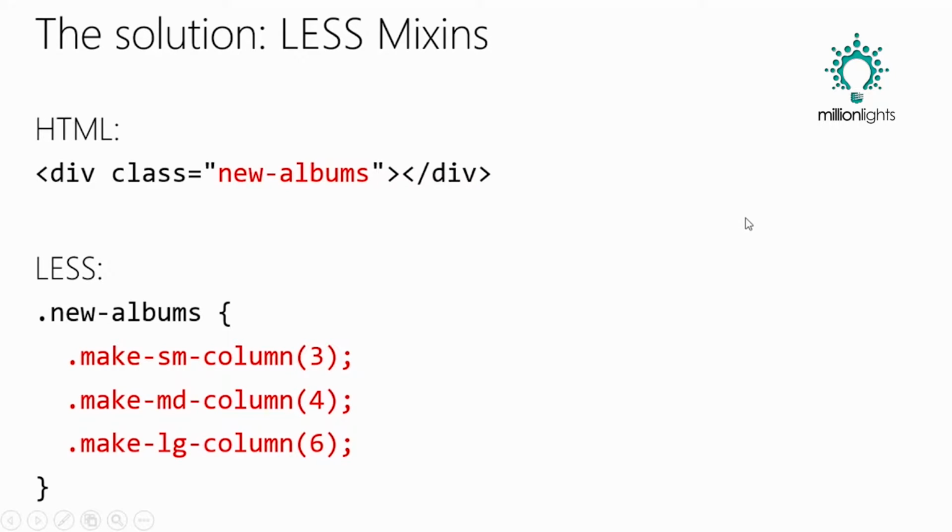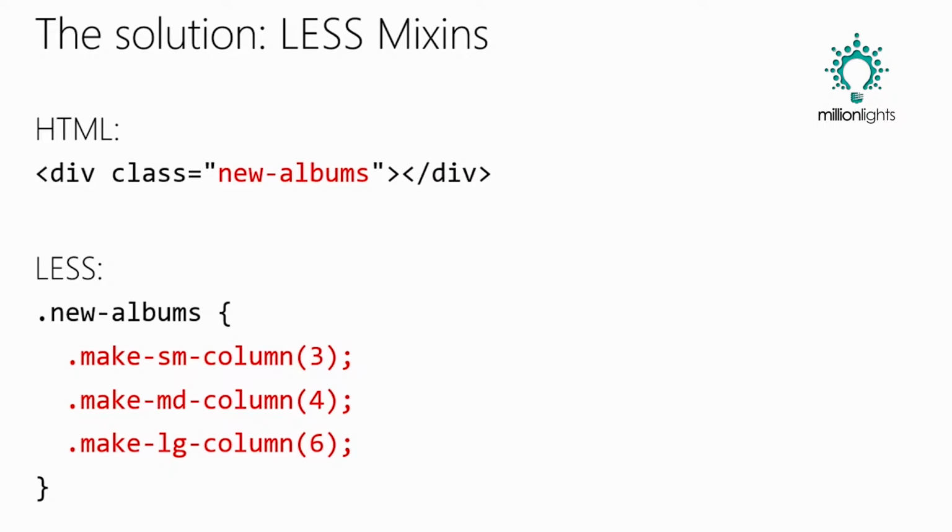Here's where we can put all those pieces together. We know that Bootstrap is built using Less, and so they compile things down. As part of doing that, they include a lot of mixins.